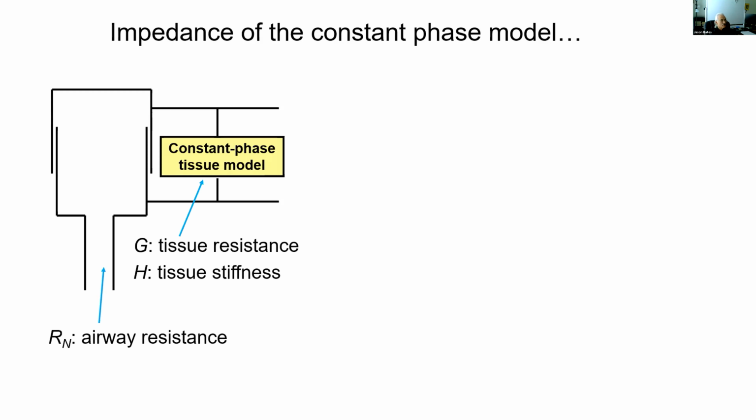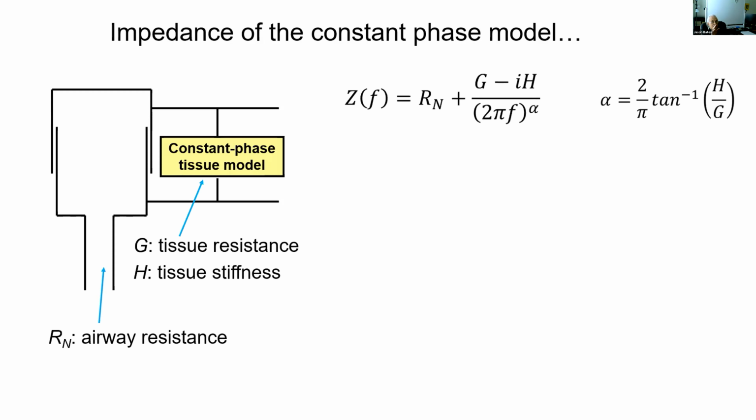But now the tissue that gives rise to elastic recoil is characterized by two parameters, G and H. And the functional form of the impedance looks like that. It's a little bit weird because you'll notice that G, which is essentially tissue resistance, and H, which is the equivalent of elastance, have the same ratio independent of frequency. And so this is called the constant phase tissue model.